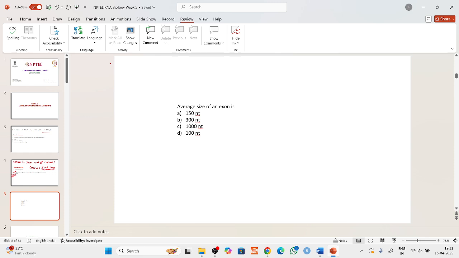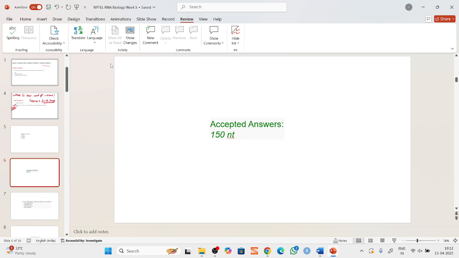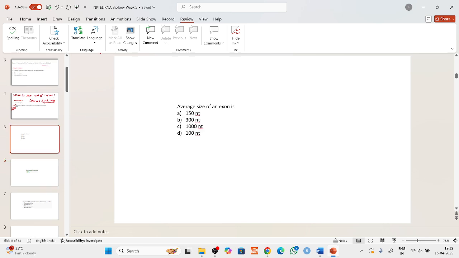What is the average size of an exon? Tell me. Okay, the correct answer is 150 nucleotides. So the average size of an exon is 150 nucleotides.